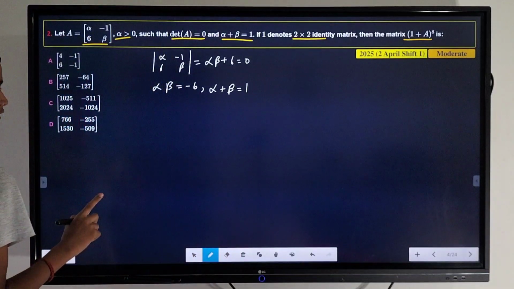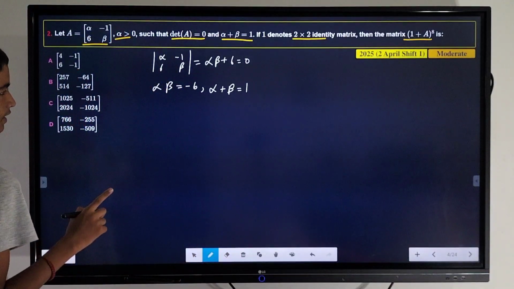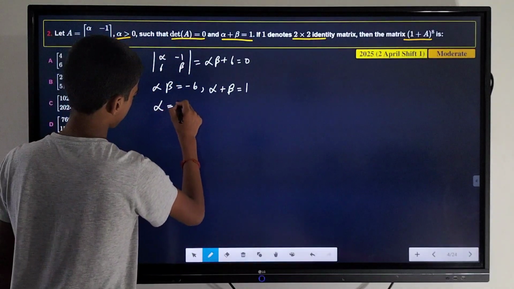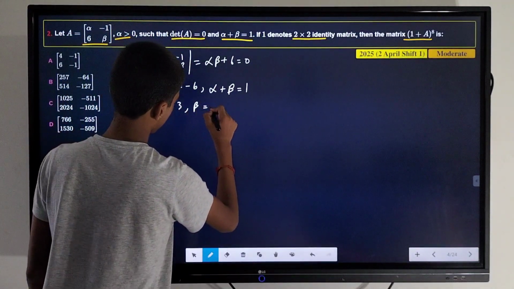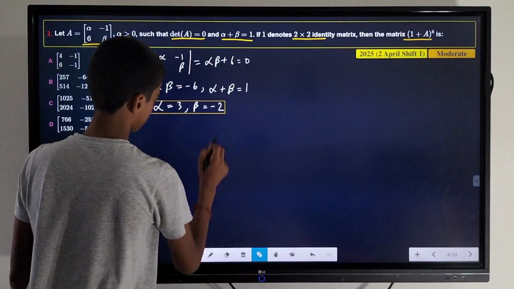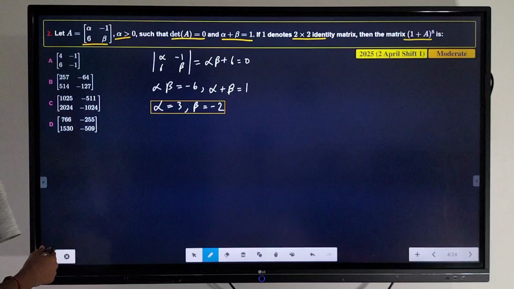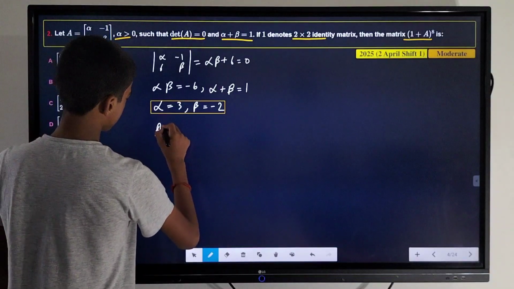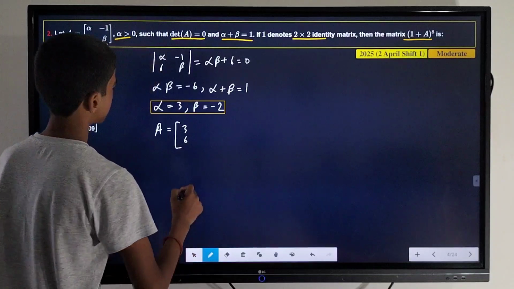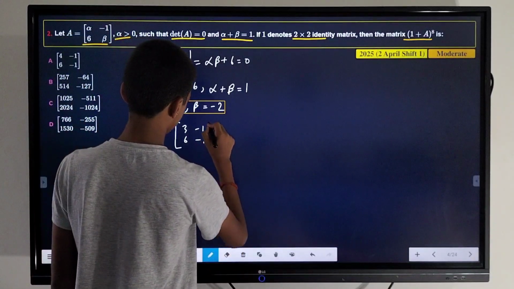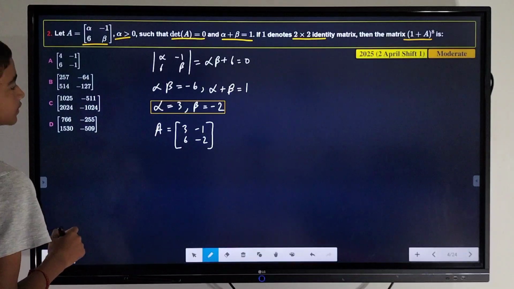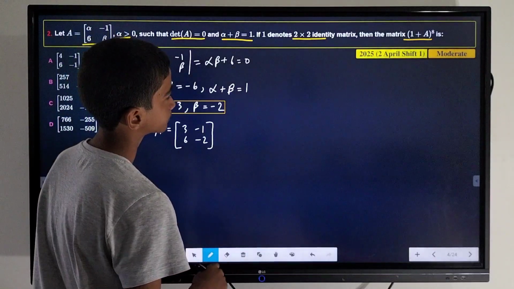From here roots are 3 and minus 2. Our alpha is greater than 0. So alpha is equal to 3 and beta is equal to minus 2. Now we can easily write our A is equal to 3, 6, minus 1, minus 2.